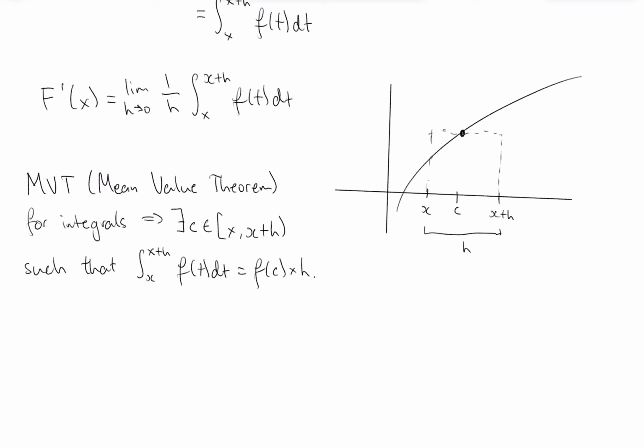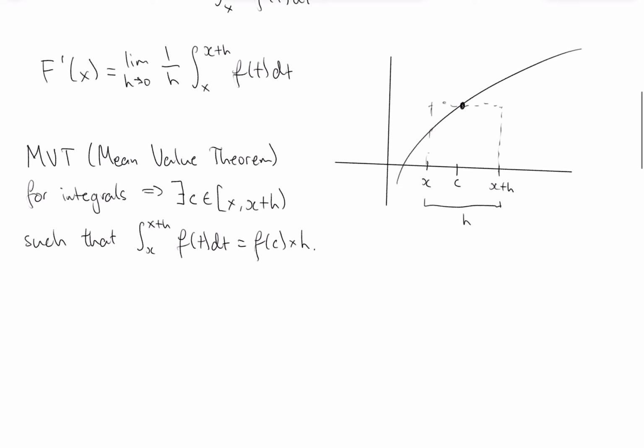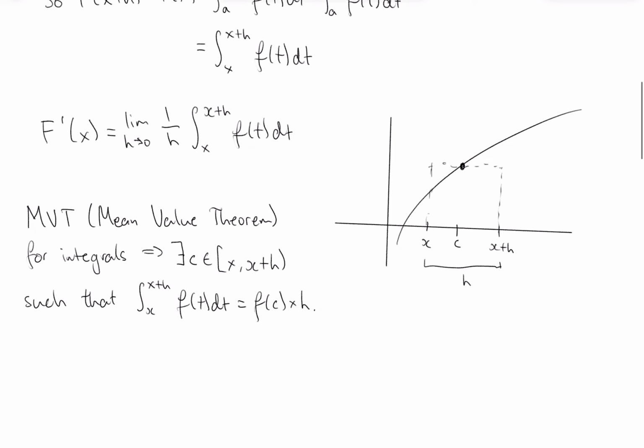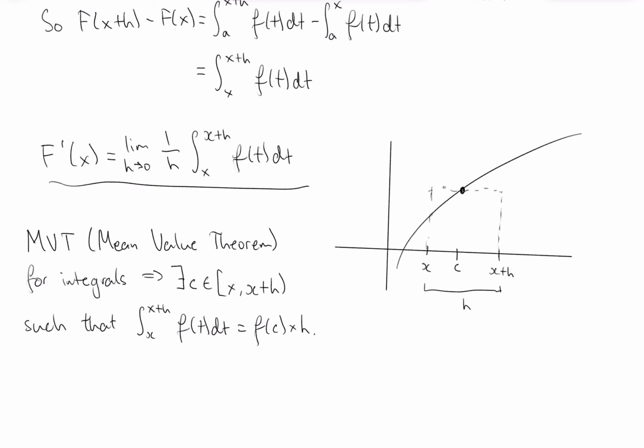Okay, so we have this statement here. What we can do now from here is this section here can be written as f of c times h.